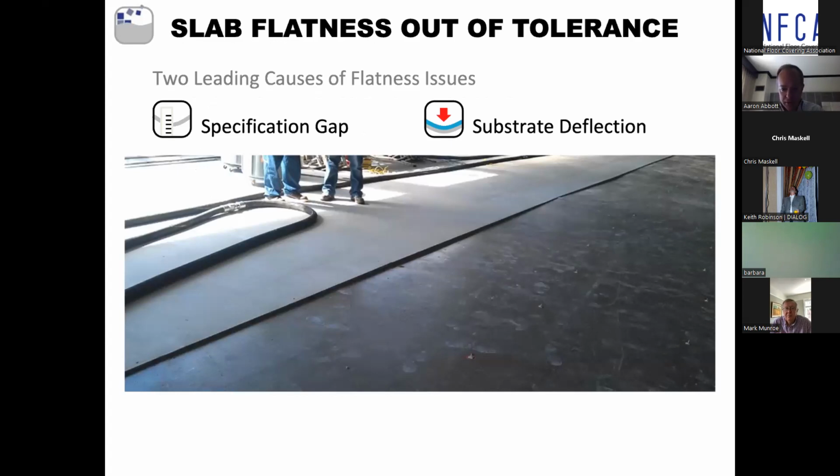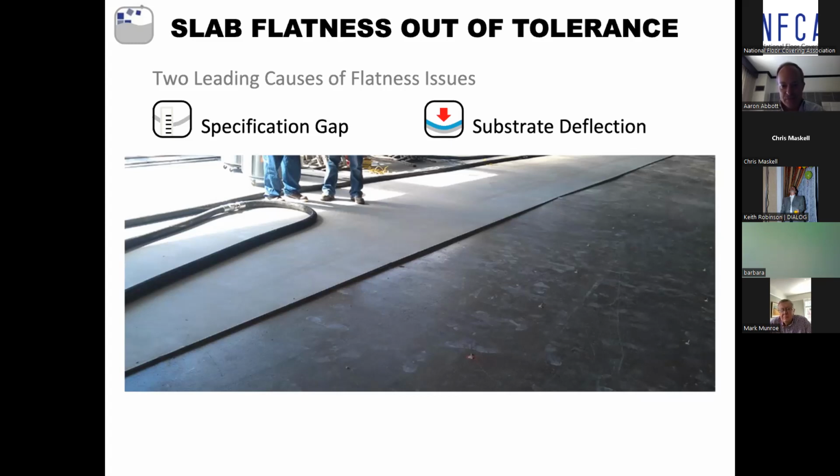And you can visualize on this photo the high spots in the concrete itself, in the slab. There are some areas that are quite thin, and some areas that are thicker. So that's what this issue looks like when it's been remedied with self-leveling.